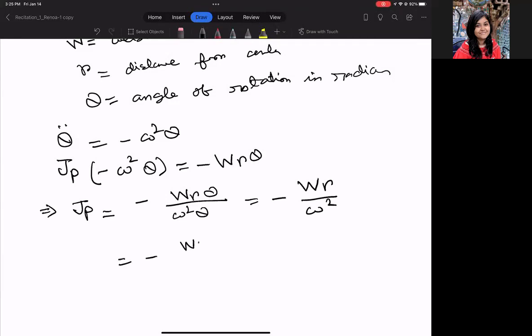Again, we can write omega squared as 2 pi by tau, squared.